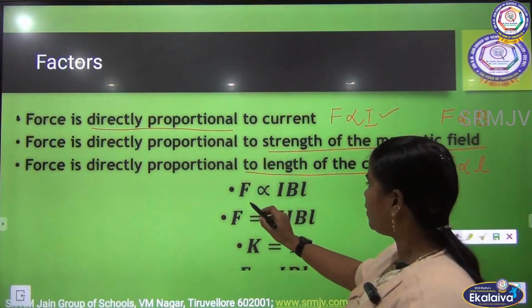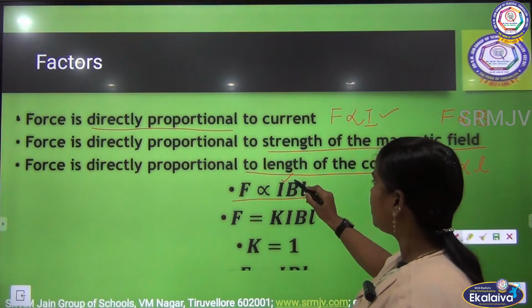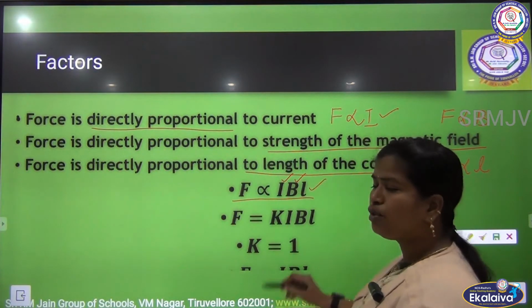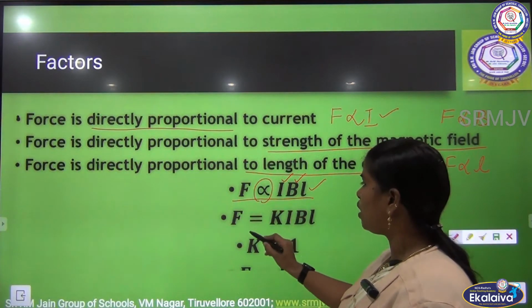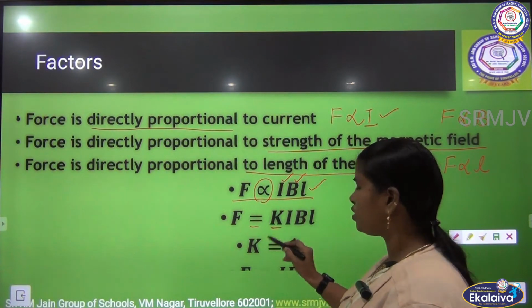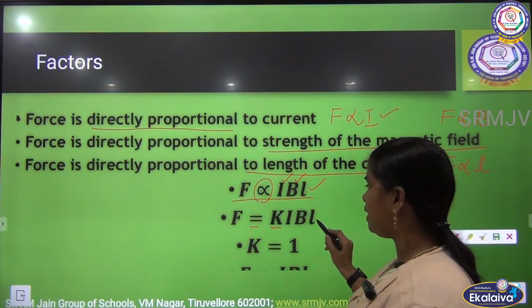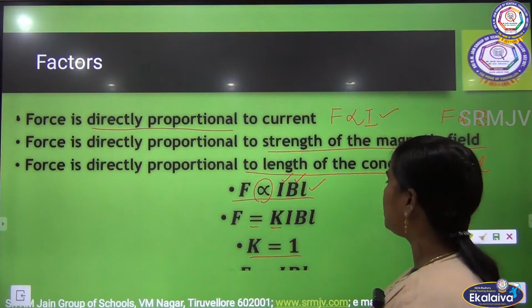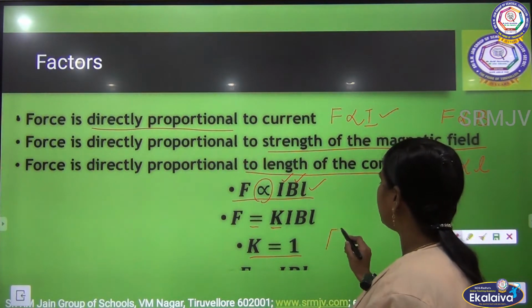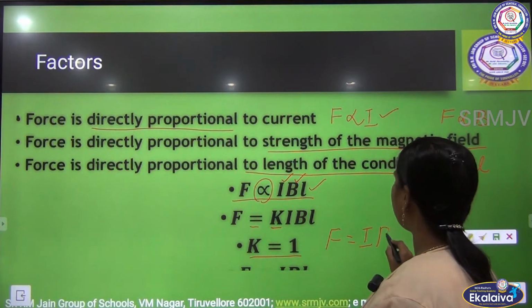So I have combined everything: F is directly proportional to current, magnetic field and length of the conductor. In order to remove this proportionality, we bring a constant. So F is equal to KIBL, and K's value is 1, so F is equal to IBL.